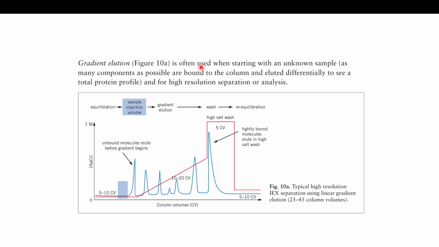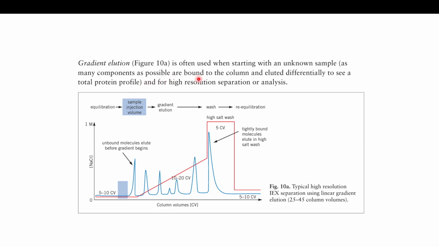So in gradient elution, what happens is when you are actually starting the purification of a completely unknown sample, suppose a protein in question. So many components are there in the sample mixture, right?